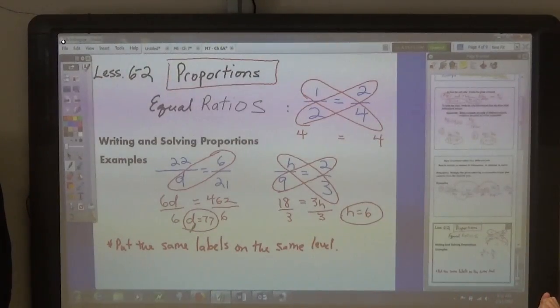Now, here's how you do this for solving proportions. Okay? Let's say that you're given a rate, like in example 3. Listen to this. 100 nautical miles equals about 115 standard miles.